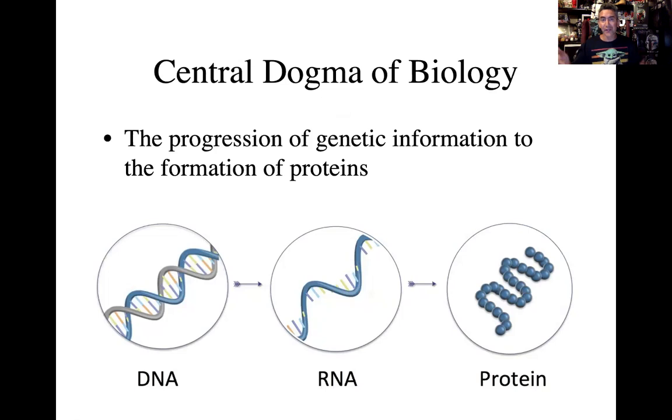Two categories: we have nucleic acids and proteins. When mom and dad conceived us, they didn't pass down the proteins that we are today. All they passed down were the nucleic acids, the genes. Our cells then start to manufacture our own proteins. So DNA was first, RNA was second, and then proteins were third. This progression of genetic information is known as the central dogma of biology.